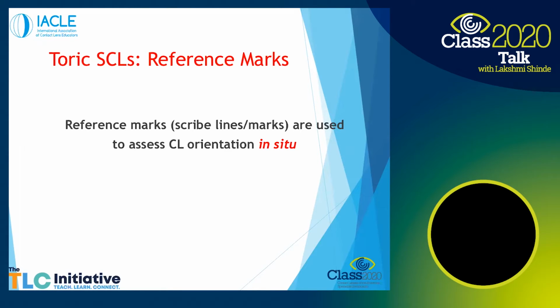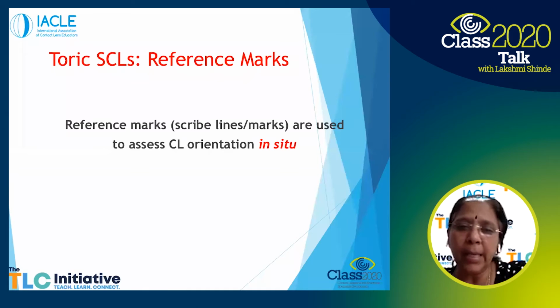Not really. As I said, the various industries use a combination of various techniques, and it also depends on the kind of material that each company is using, whether it's high water content or low water content, and they merge that with the stabilization technique they are using, so that it balances both out in terms of the lens thickness and the stabilization technique.